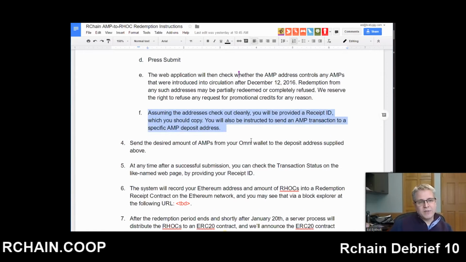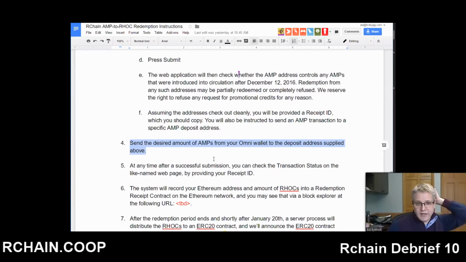Assuming that checks out cleanly, you'll be provided with a receipt ID that will help you come back and track later. Then you'll be presented with an AMP address to which you need to send AMPs. So you'll go to that Omni wallet and transfer AMPs to that specified address. After some time, you'll be able to check the transmission status by providing the receipt ID.